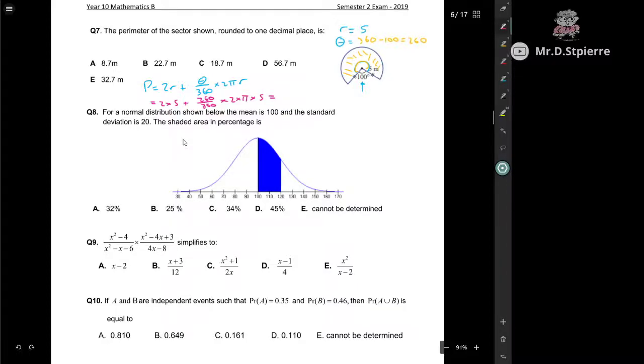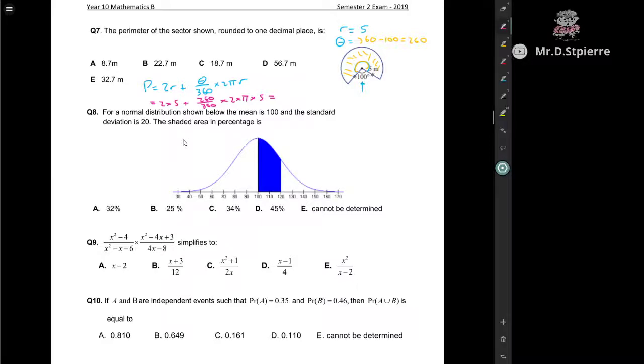Stick all this in the calculator and we're going to get 226. What have I done wrong here?